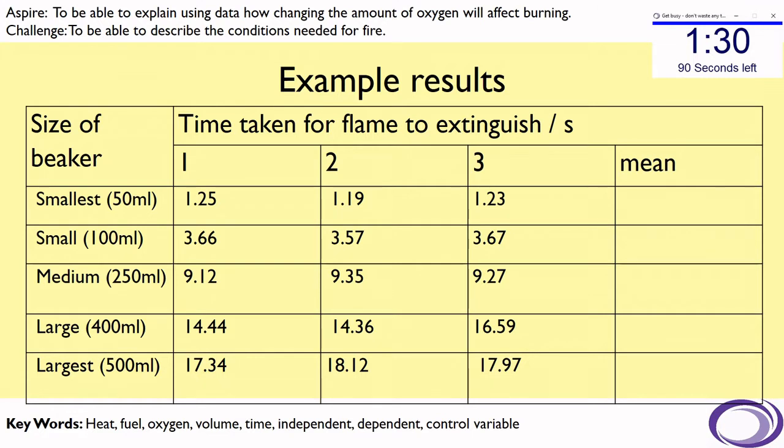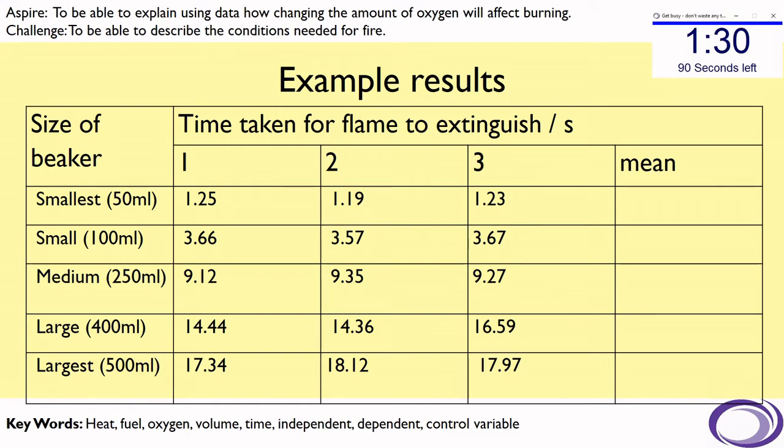So here are some example results. Now you can see we have the size of the beaker. Now I have written words, and yes, I have placed the volume of that beaker next to it in brackets. However, that is not necessarily the volume inside the entirety of the beaker, especially because we made adjustments to ensure that there was no gaps between the lip of the beaker and the surface.